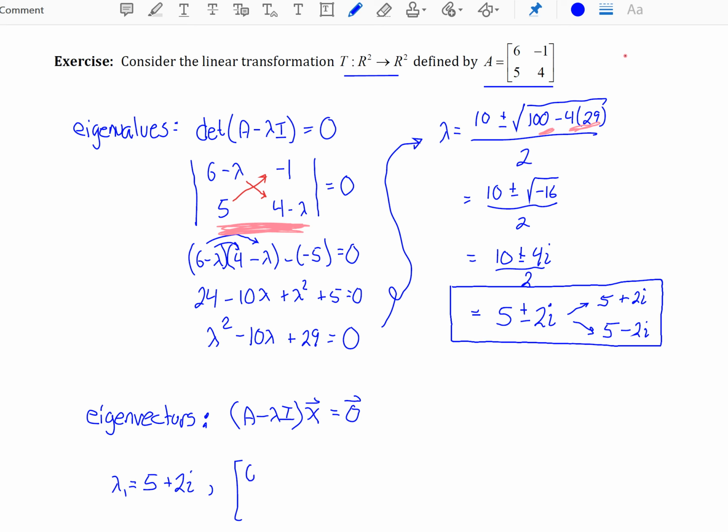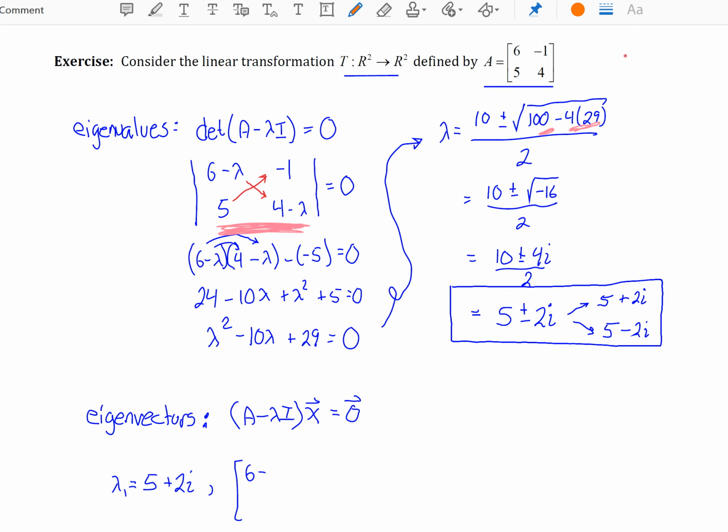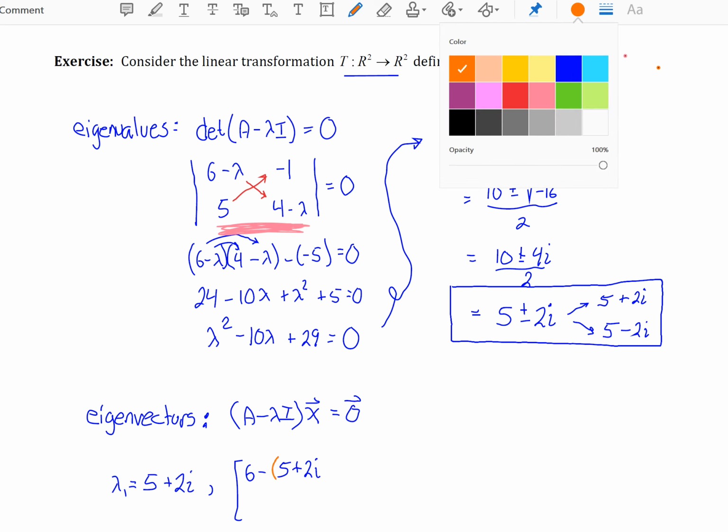So I'm going to use 6 minus, and I cannot emphasize enough that you should use parentheses here. So to emphasize that, I'm going to put them in a different color. 5 plus 2i. And then I'm going to close that parenthesis off.